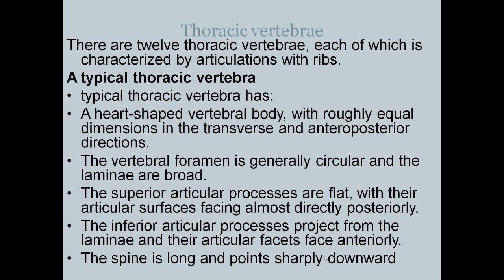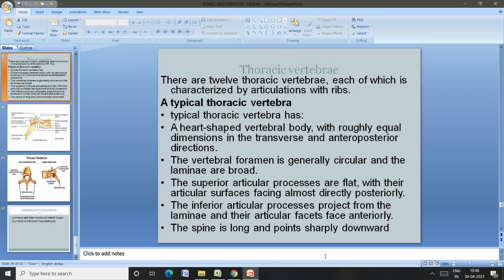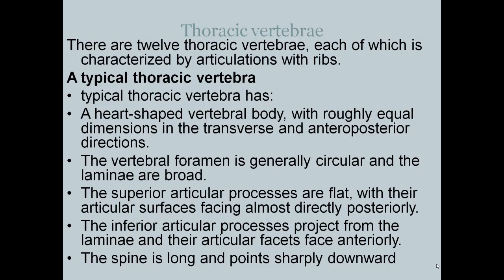And we will see the thoracic vertebra here. There are 12 thoracic vertebrae, each of which is characterized by articulation with the ribs. A typical thoracic vertebra has a heart-shaped vertebral body, and the vertebral foramen is generally circular.